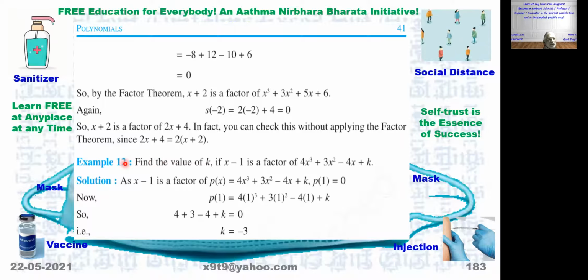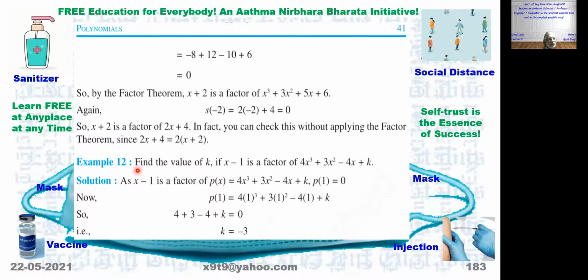Now consider another example. Find the value of k if x minus 1 is a factor of the polynomial 4x cube plus 3x square minus 4x plus k, where k is to be determined. It is not given. So what exactly will we do?